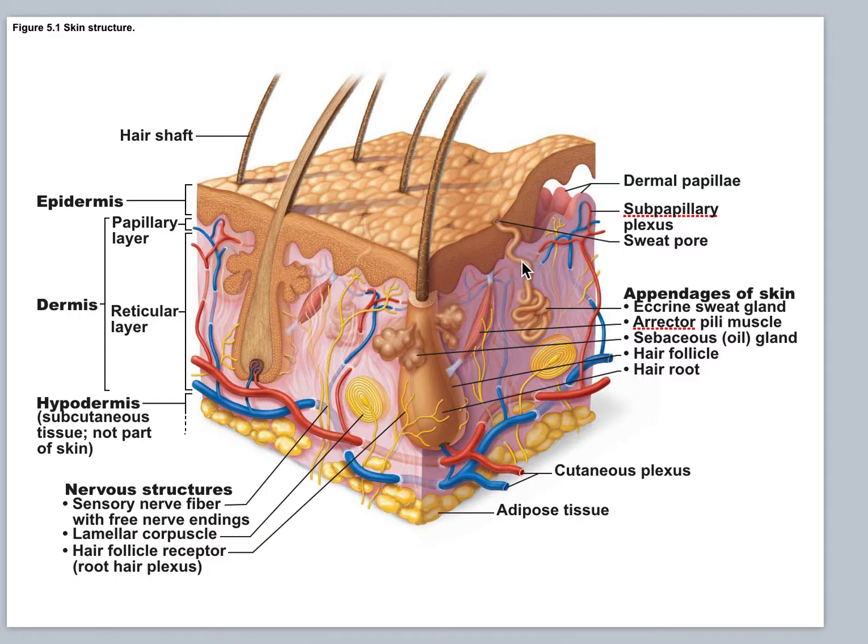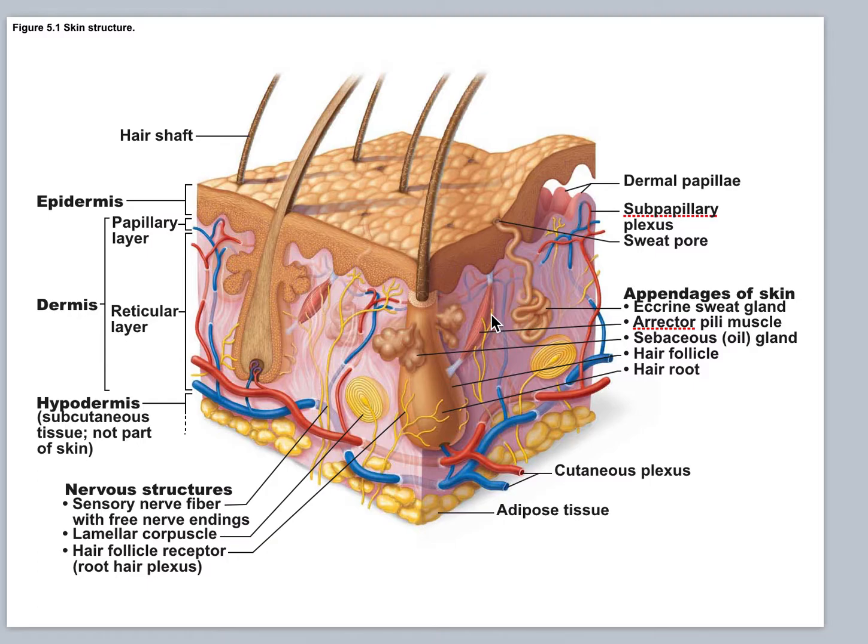This is a sweat gland here. So this would be an exocrine gland because it has a duct, and it secretes its product to the outside of the surface through a sweat gland. So this sweat gland is an exocrine gland. Remember, exocrine glands are glands that put their secretion in a duct, which goes to the surface of the skin.